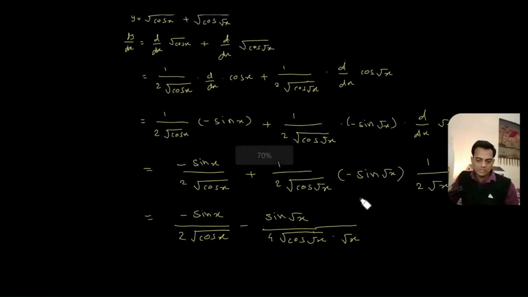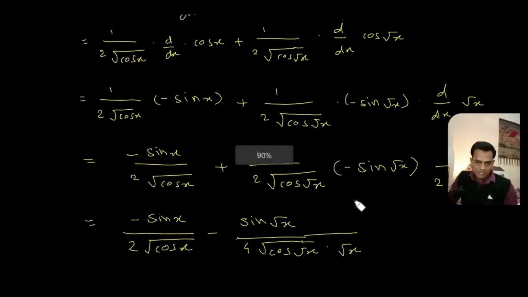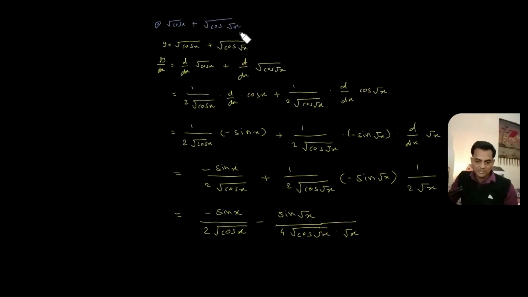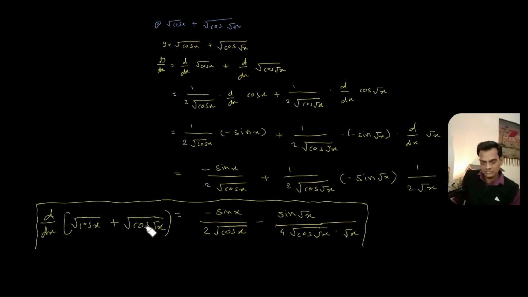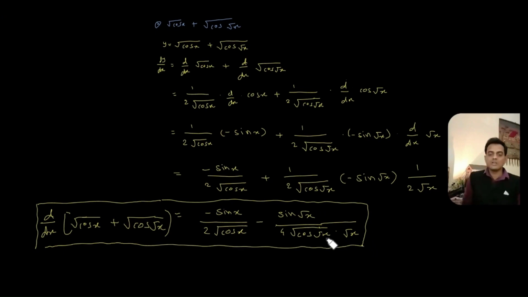So this will be the final output, the final derivative of this particular. So I can write down the derivative of cos of x plus square root of cos of square root of x is equal to this. So this is how we can solve the derivative of a composite function.